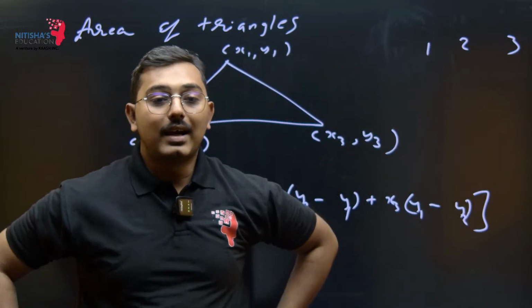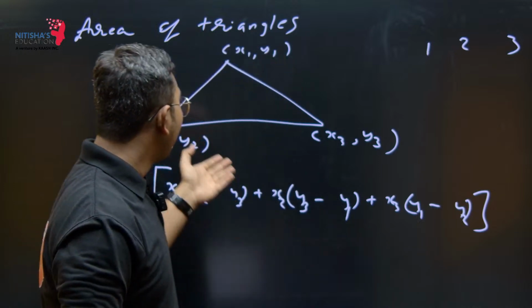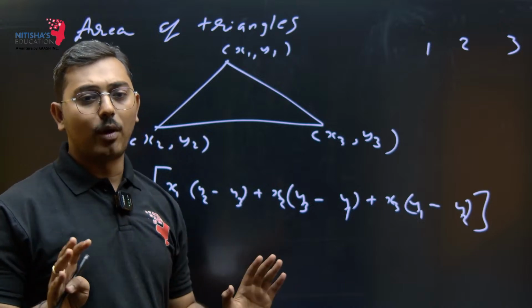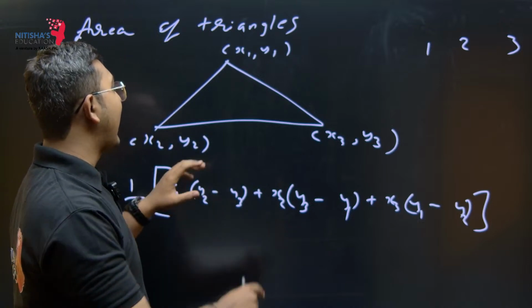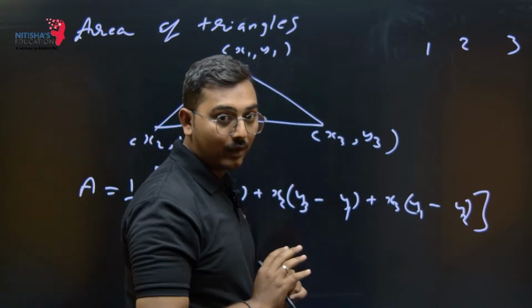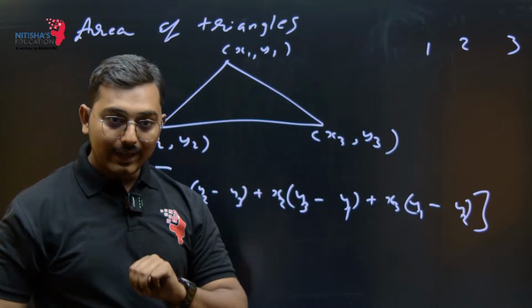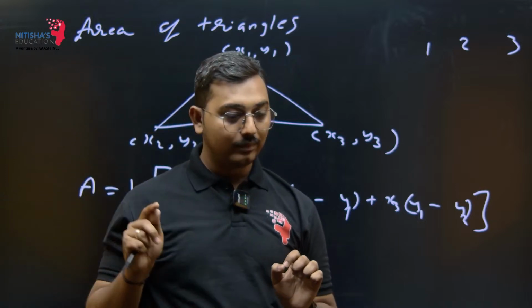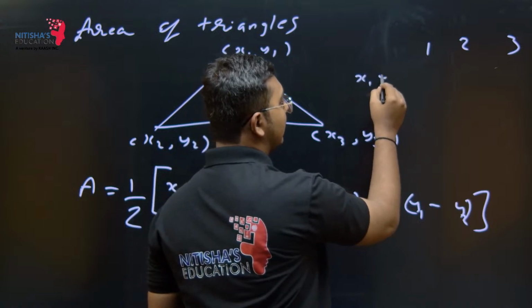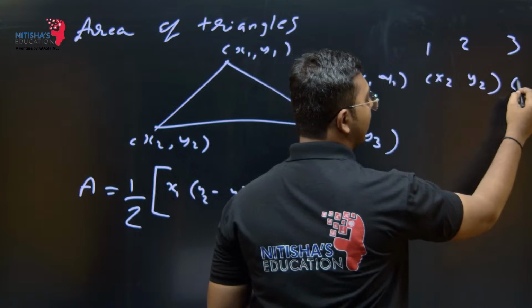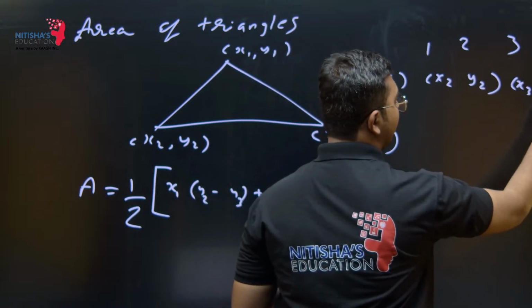Now you will ask me, sir, which coordinates should we consider first? There is no such problem in it. You can consider x1, y1 first, or these, or these. Write any three coordinates and arrange them in a straight form like this: x1, y1, x2, y2, x3, y3.